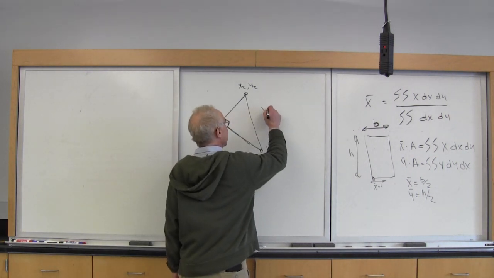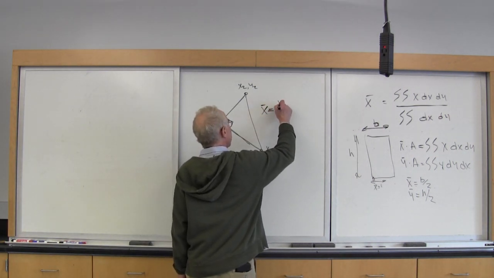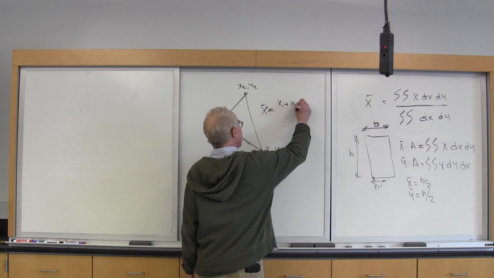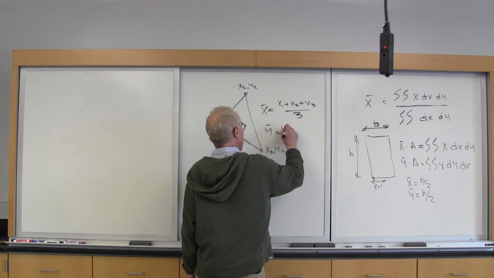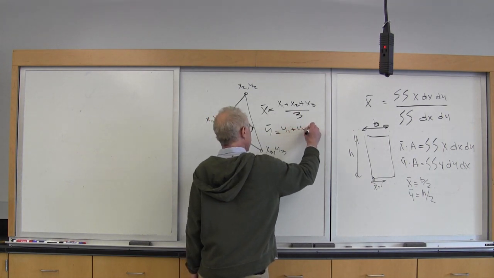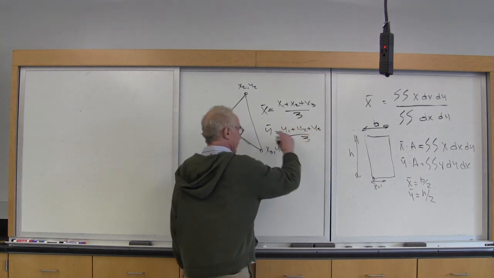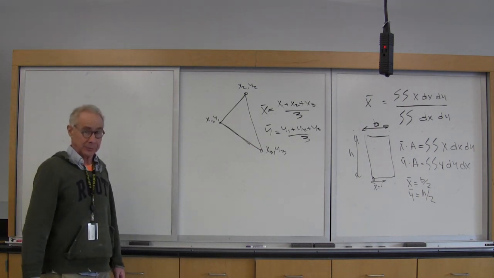So x bar is simply x1 plus x2 plus x3 over 3, and y bar equals y1 plus y2 plus y3 over 3. Okay, all this is review so far.